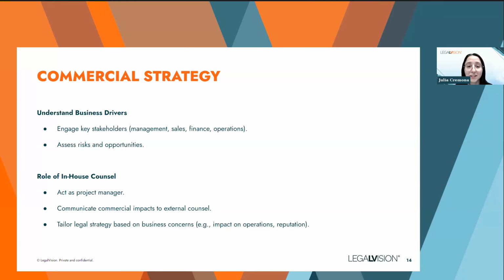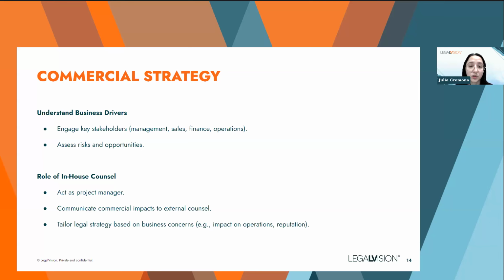So we like to say that in-house counsel effectively acts as a project manager of a dispute, and they really are the central point in communicating these commercial implications of the dispute to external legal counsel and then back to the organisation as well.